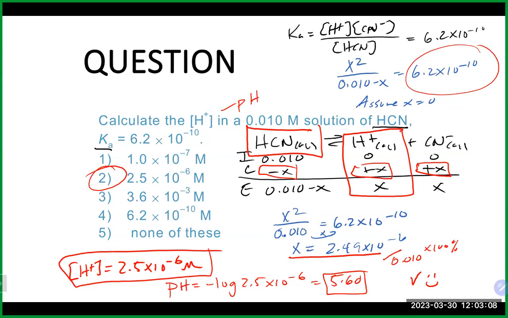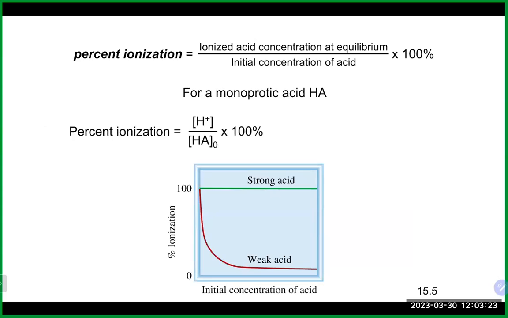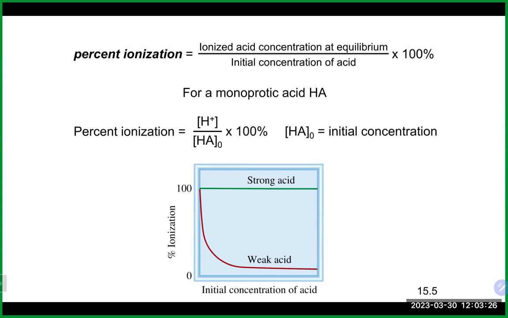Okay. So again, hopefully you can see Ka problems are very similar to regular equilibrium problems, except that you have the additional step in most cases to calculate the actual pH. So the next thing we're going to talk about in terms of weak acids is what is sometimes referred to as percent ionization. You could also do it for bases as well.